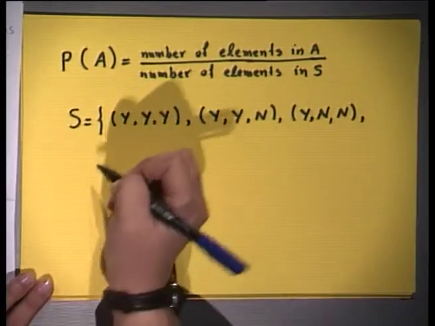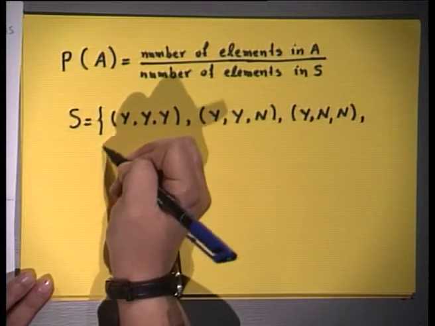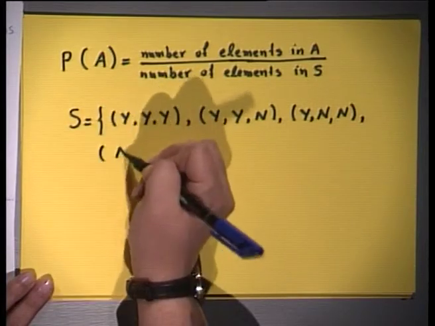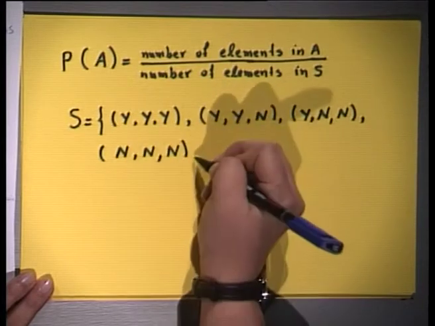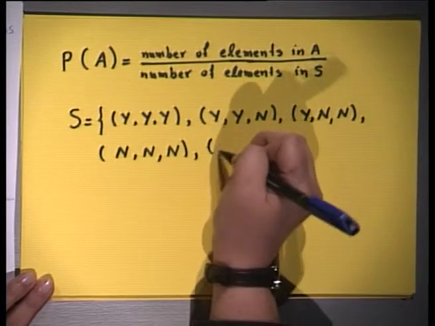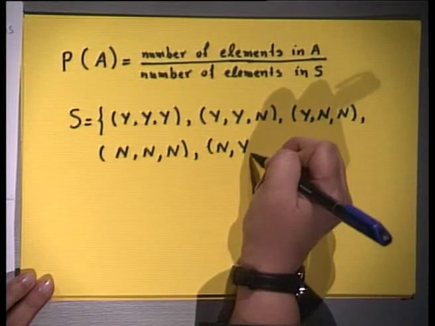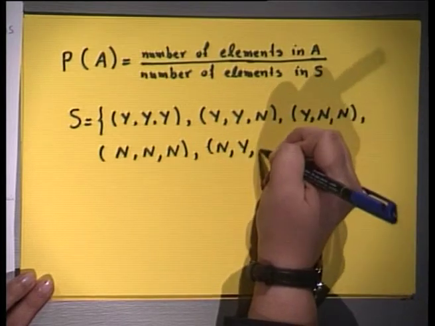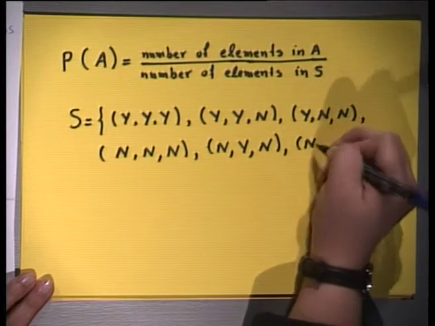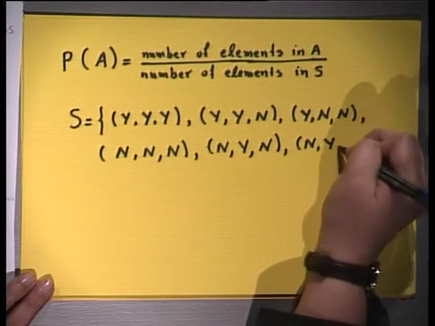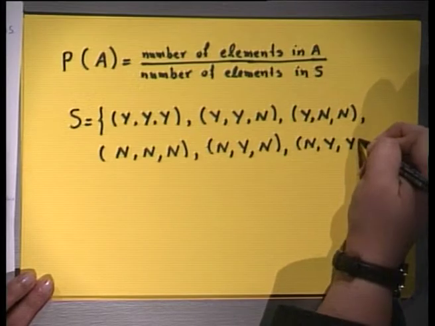So we write down the elements. We have all not working. The second working. The third working.